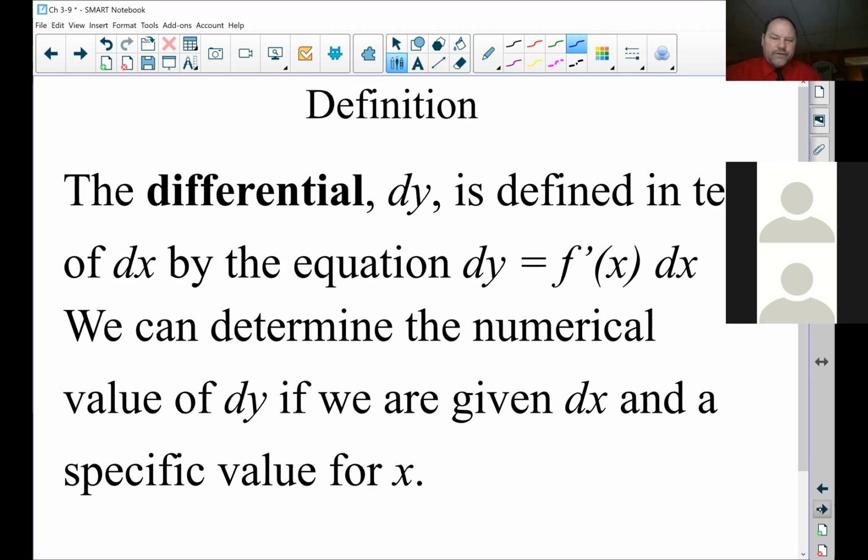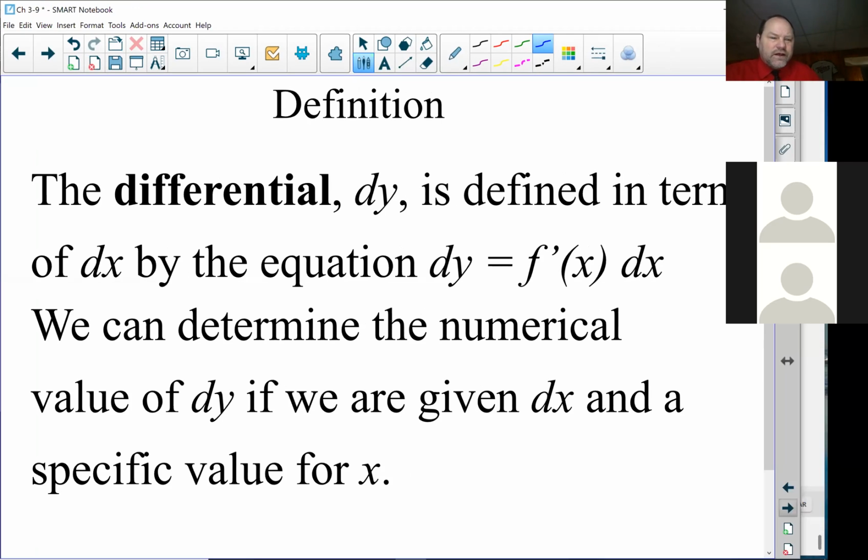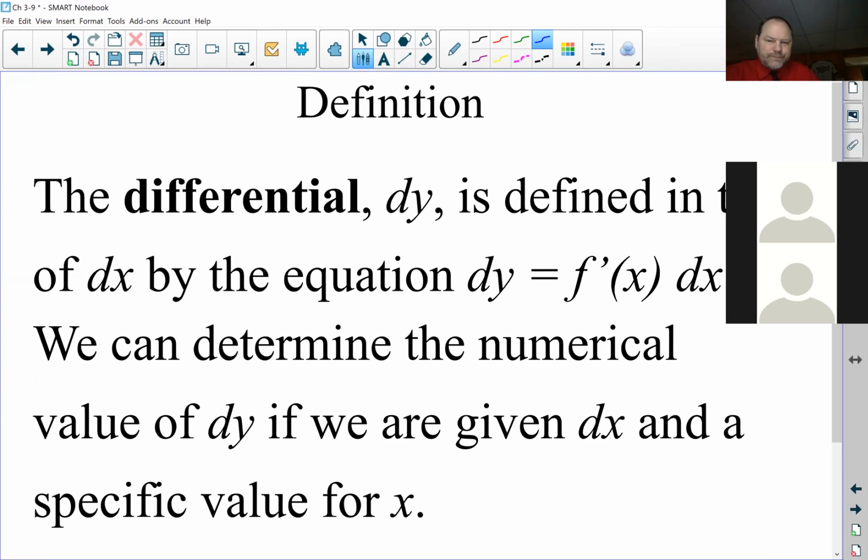All right, differentials. So for differentials, basically we're still taking a derivative. The differential is just dy, and it is defined in terms of dx by the equation dy equals the derivative of our function f prime times dx.